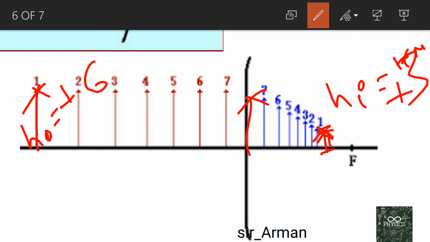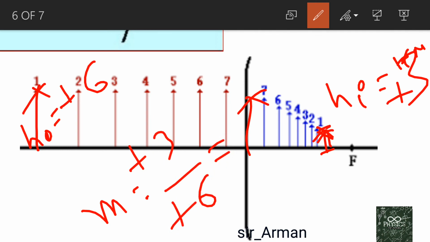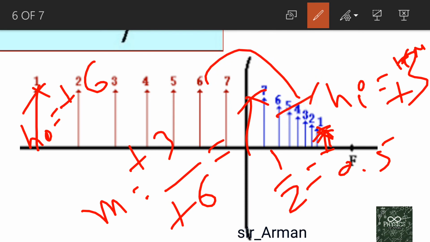It will be easy. So M is equal to height of image plus 3 by plus 6. So it is 1 by 2, that is plus 0.5. So 0.5 is less than 1 and is plus. So plus indicates it is virtual, erect and it is behind the mirror.